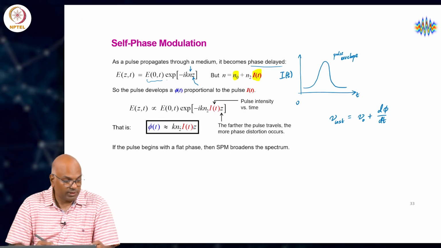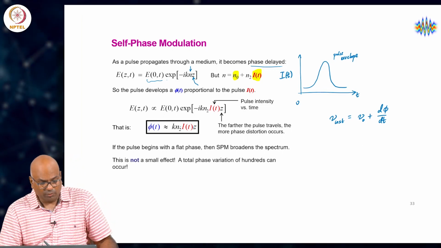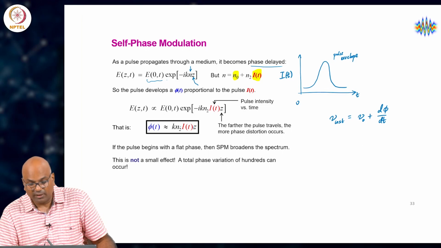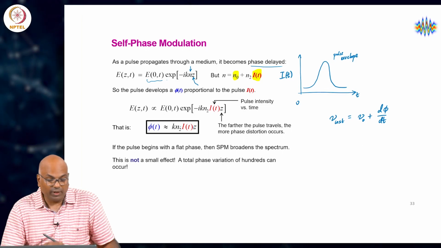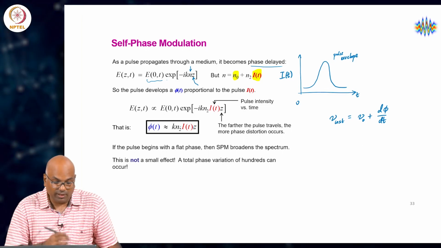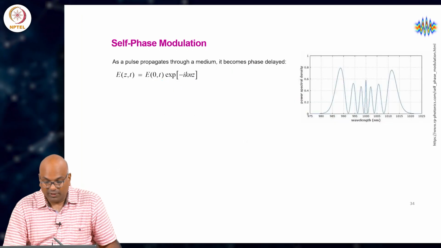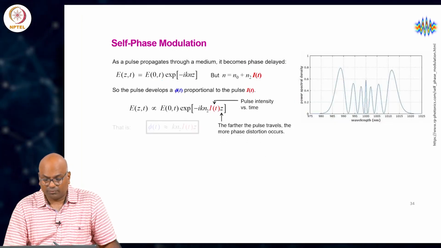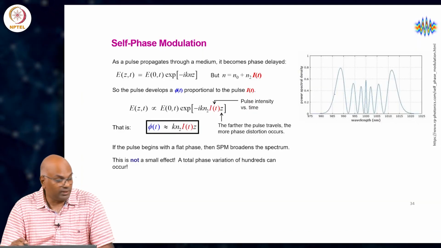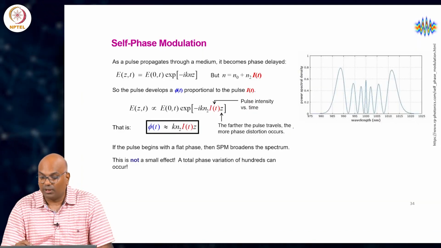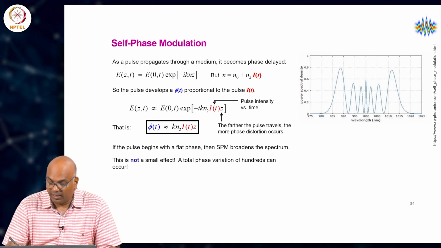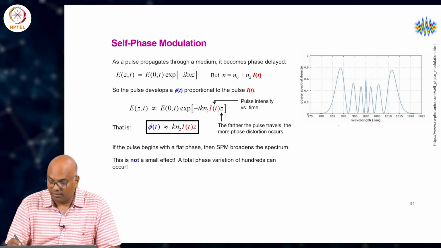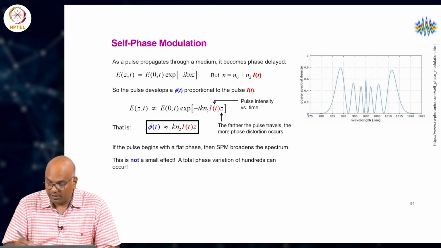As a consequence, we can now have basically new frequencies being generated, which we can see as to how it happens. We take the derivative of phi with respect to time, and there we have, as a consequence of taking this derivative, new frequencies being generated.